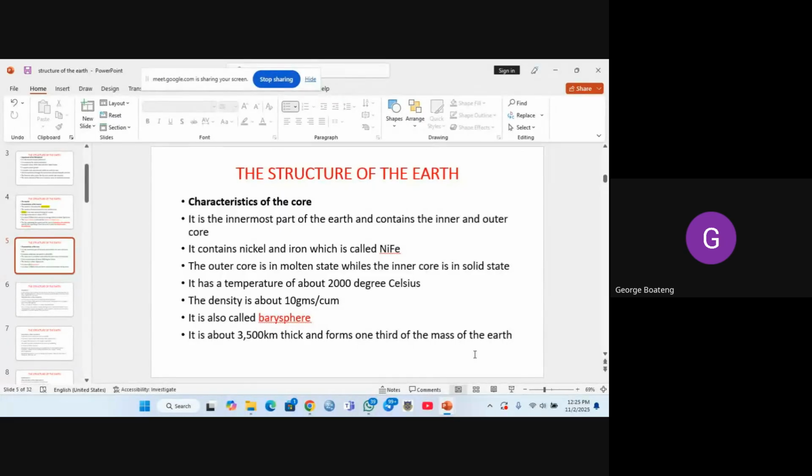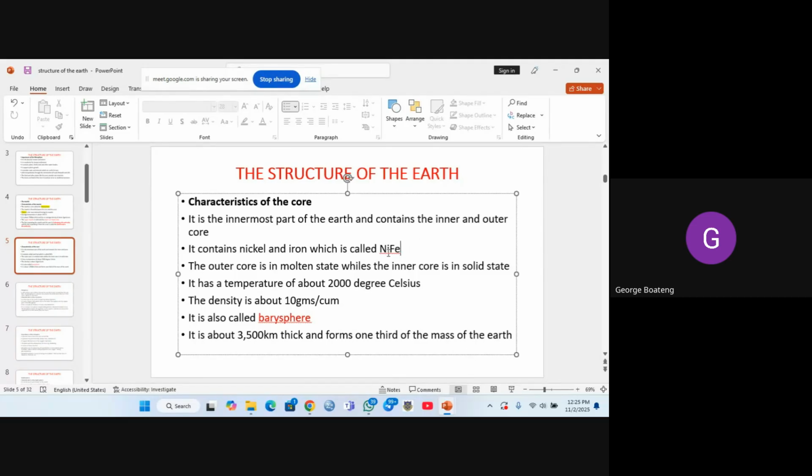Now, we have two main minerals, very important minerals found in the core. Those minerals are nickel and iron. We call it NiFe.